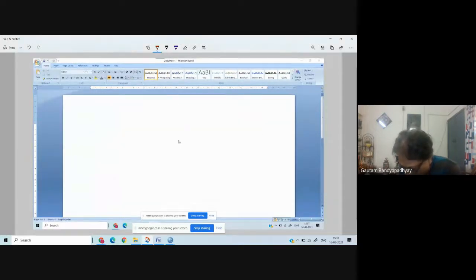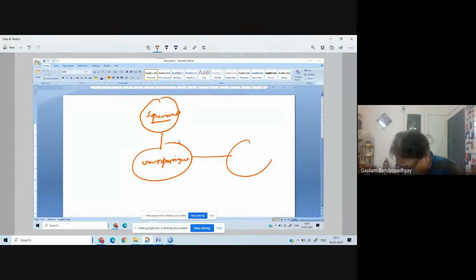We start with supervised data, where we know the dependent as well as the independent variables. Then I'll go for unsupervised, and ultimately again we go for supervised.